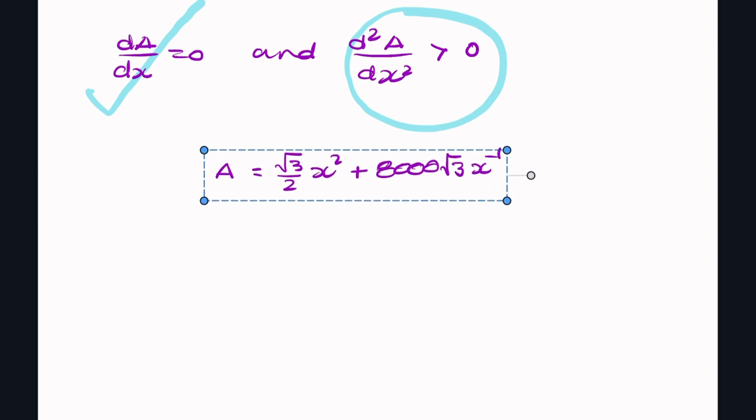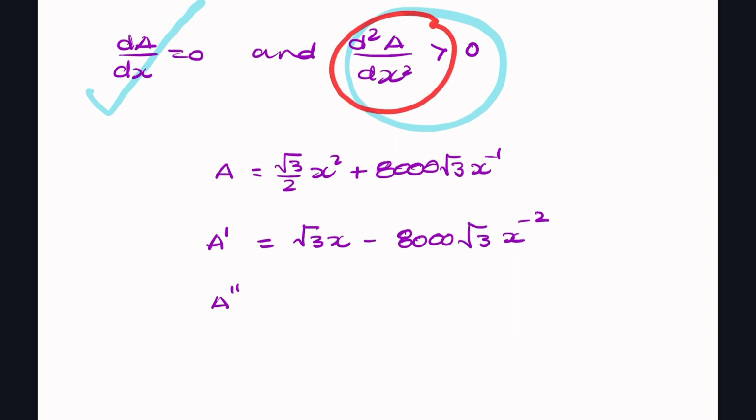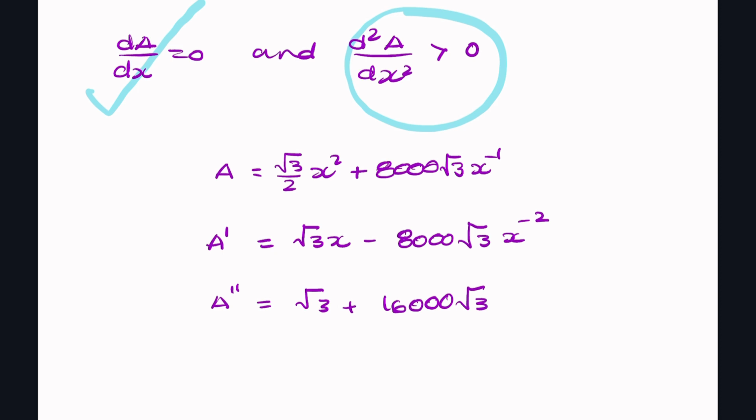So that's A. The first derivative, let's call it A dash, is going to be root 3 x minus 8,000 root 3 x to the minus 2. And the second derivative is equal to root 3 plus 16,000 root 3 x to the minus 3.